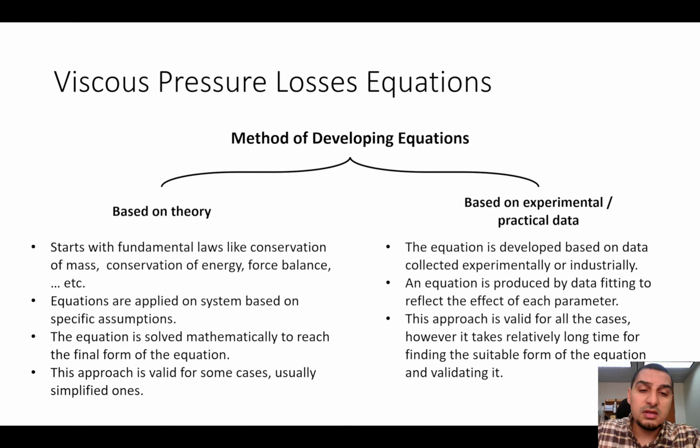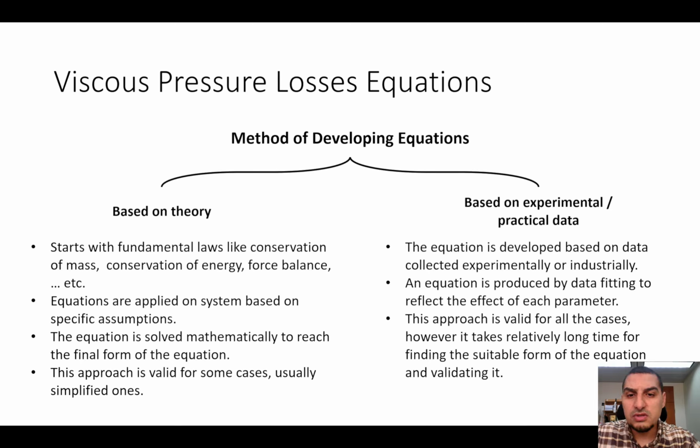So what we're going to do today is go for the second approach, which is using an equation that is produced based on experimental data. This is the equation that's most used in, I would say, most of the applications of internal flow for calculating the head losses.